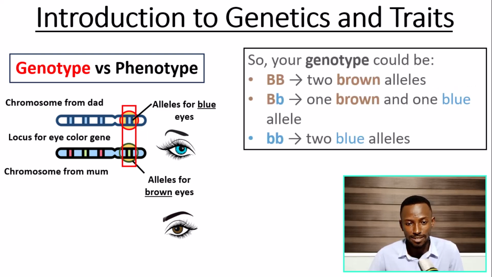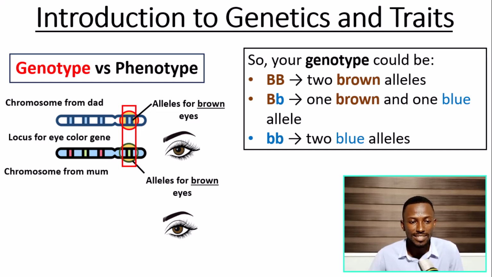What that means is that for the child that will be born, there are options for the genotype. We can have capital B, capital B, meaning daddy gave a brown eye allele and mom also gave a brown eye allele.